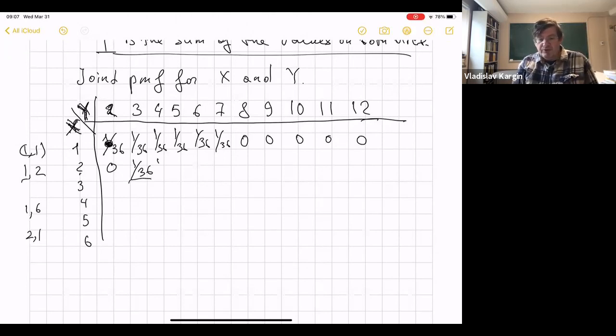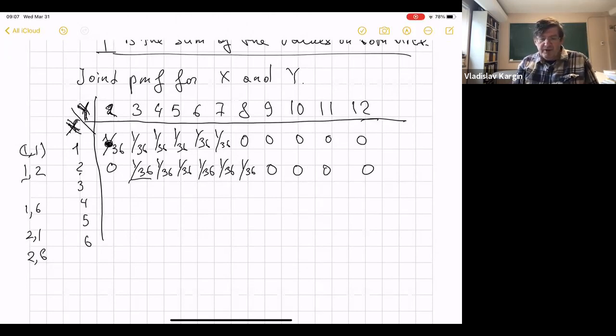And after that we continue with 1/36 several more times. But 9 is not possible. 8 is possible because it's 2 and 6, but 9 is not possible. So here 0, 0, 0, 0, and you can see how you can construct this table.